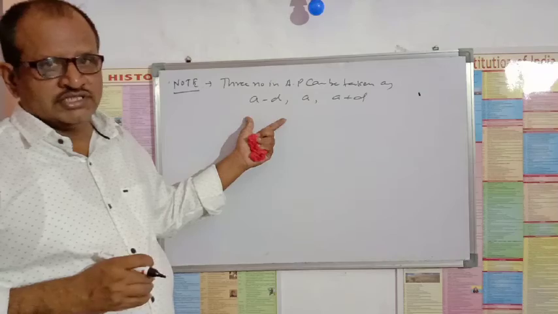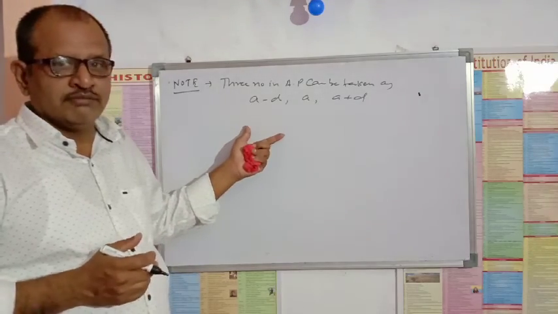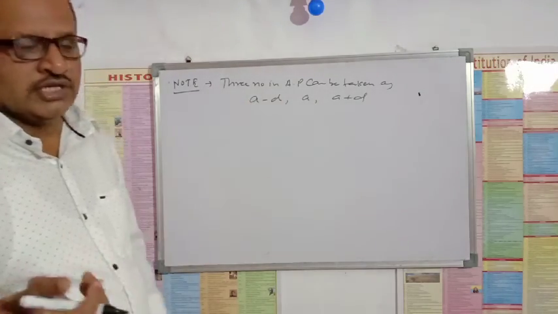If the sum of 3 numbers is given, sum of 4 numbers is given, sum of 5 numbers is given, how can we suppose those numbers?